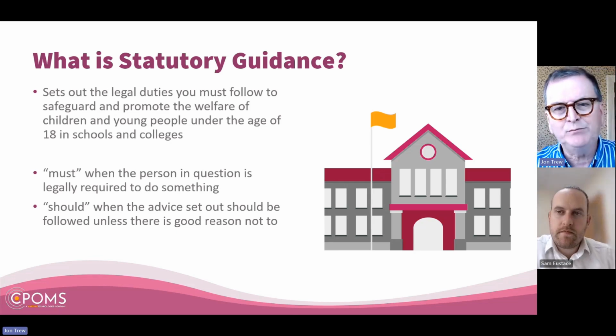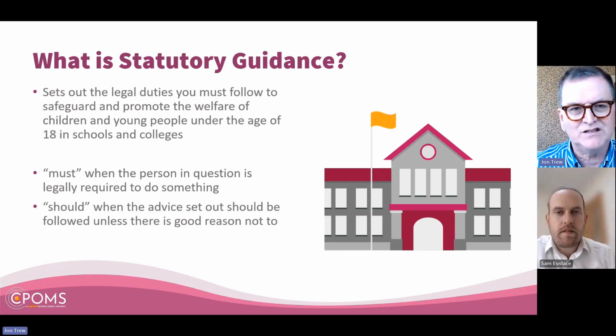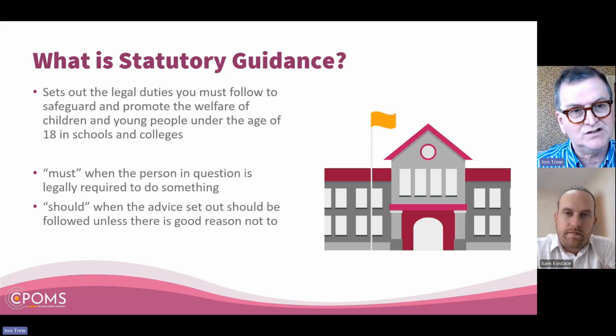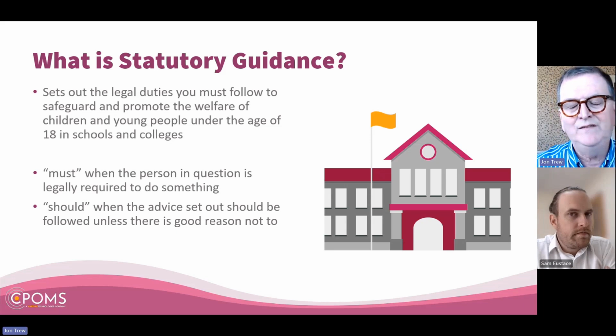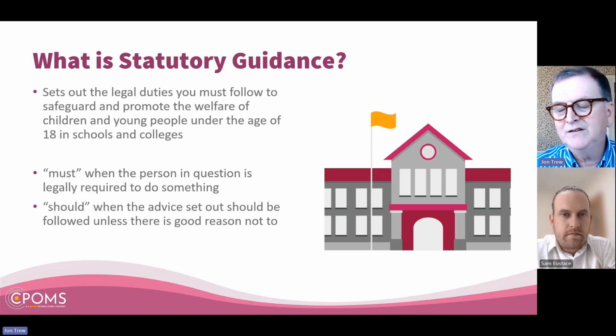When there is an Act of Parliament, when we have legislation, each piece of legislation comes with statutory guidance. Statutory guidance sets out the legal duties that you must follow to safeguard, and in the case of Keeping Children Safe in Education, promote the welfare of children and young people under the age of 18 in schools and colleges.